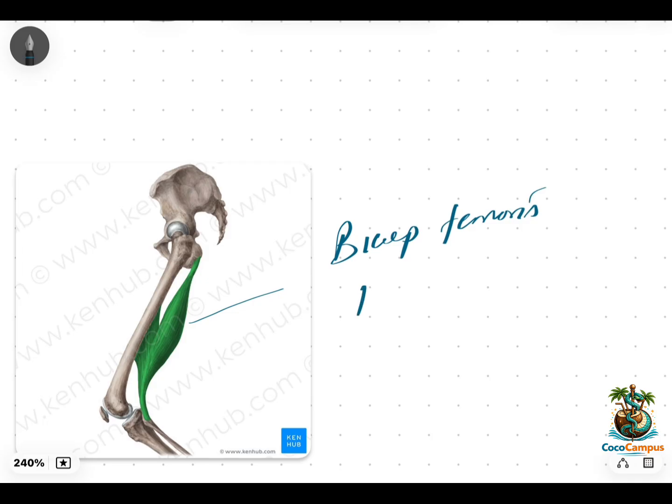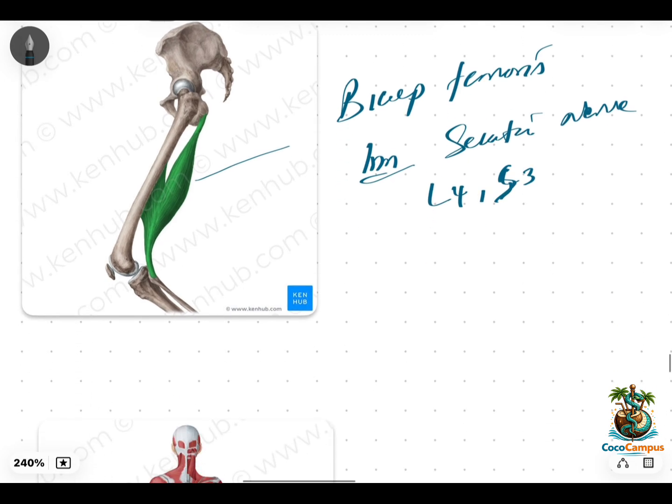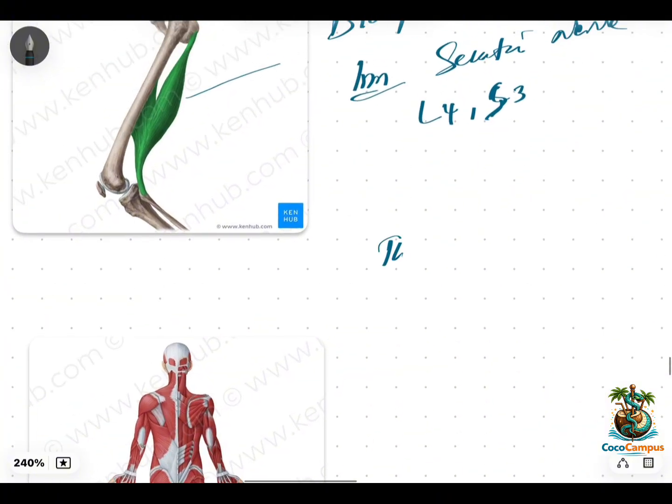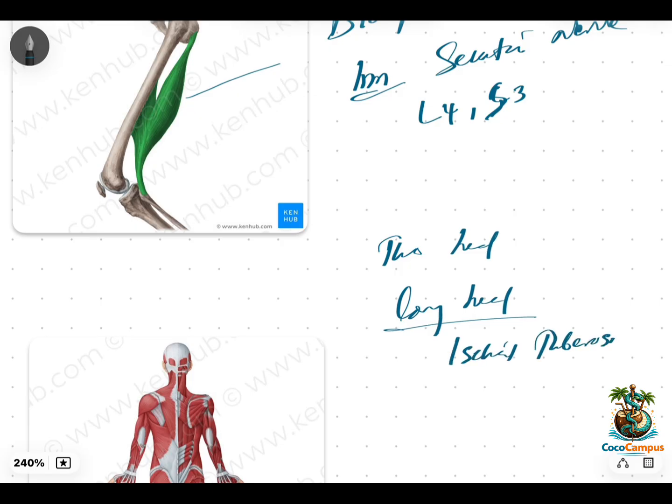It's innervated by the sciatic nerve, L5, S1, S2, S3, to be clear. Okay, so biceps femoris has two heads. Long head from the ischial tuberosity and short head from linea aspera.